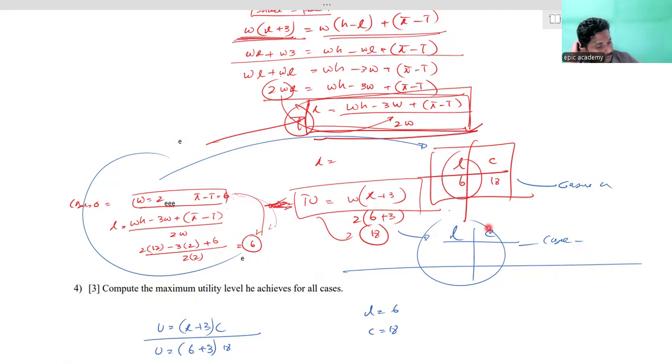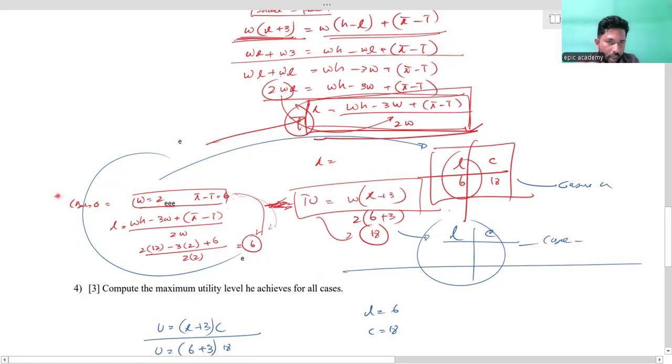This is for the maximum utility, right? No. In the third question, we derive the optimum budget constraint and maximum utilization. So under that one, we already calculated case number one. We got the values for L and C in case number one: 6 and 18, right? 6 and 18.